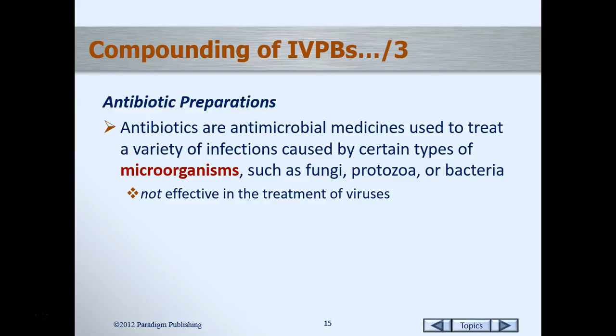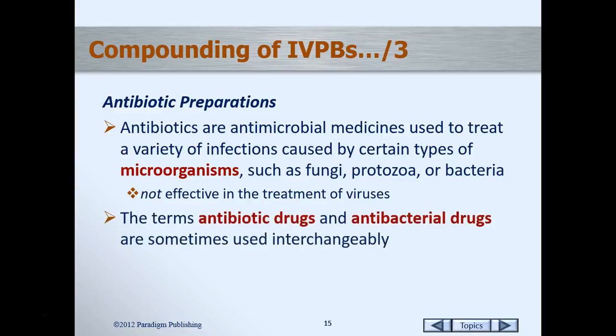Antibiotics are antimicrobial medications used to treat different types of infections with specific microorganisms. Most often it's going to be bacteria, but some anti-infective agents, antimicrobial antibiotics, may also be effective against certain types of fungus or protozoa. Antibiotics are not effective in treating viruses.